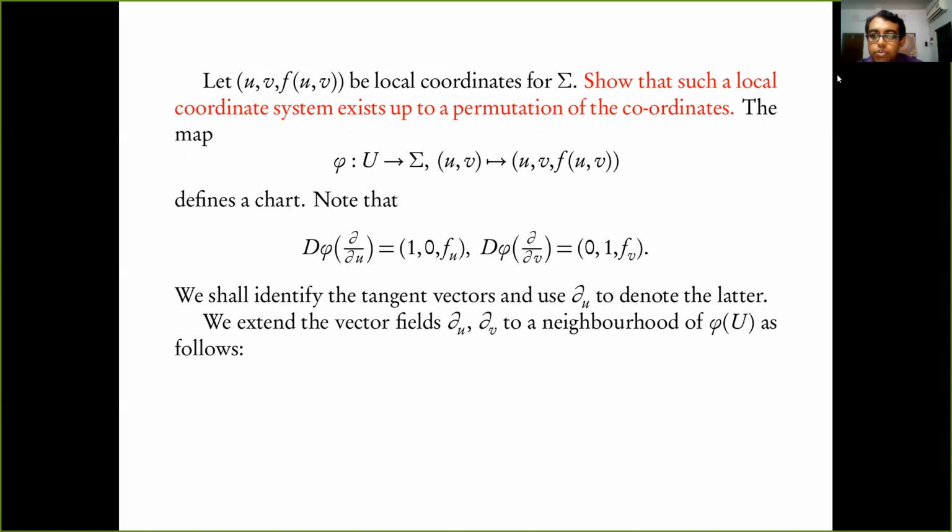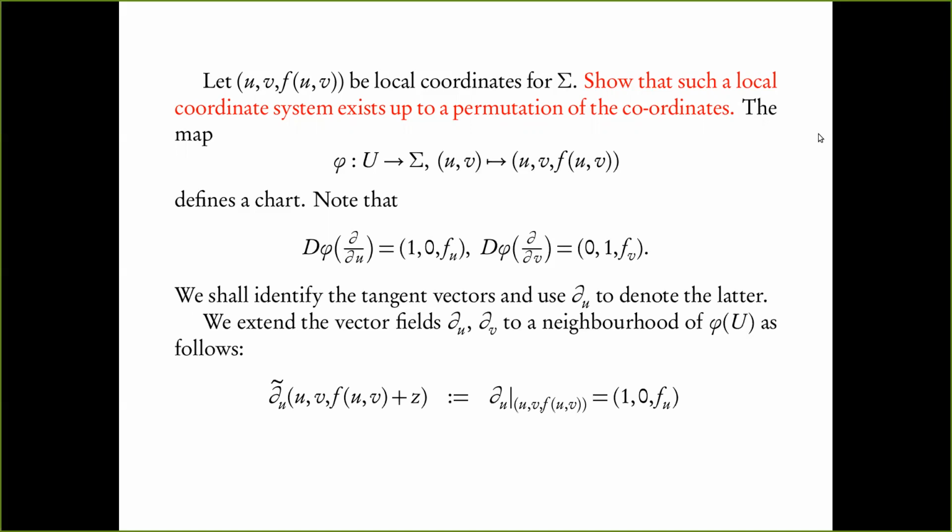Okay, so how do you do that? Well, you basically define the extension del u tilde at a point u, v, f of uv plus z to be whatever it was at u, v, f of uv. Namely, it's the same vector irrespective of how much you have moved in the z direction. It is 1, 0, f of u, which is the same vector del u.